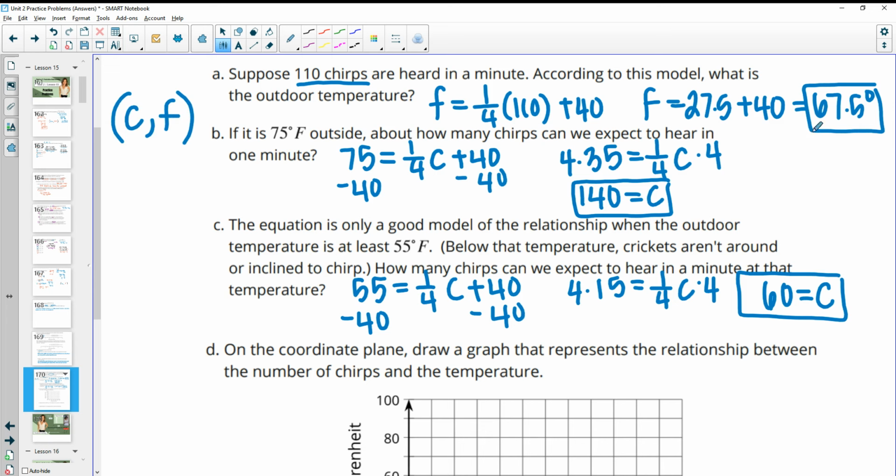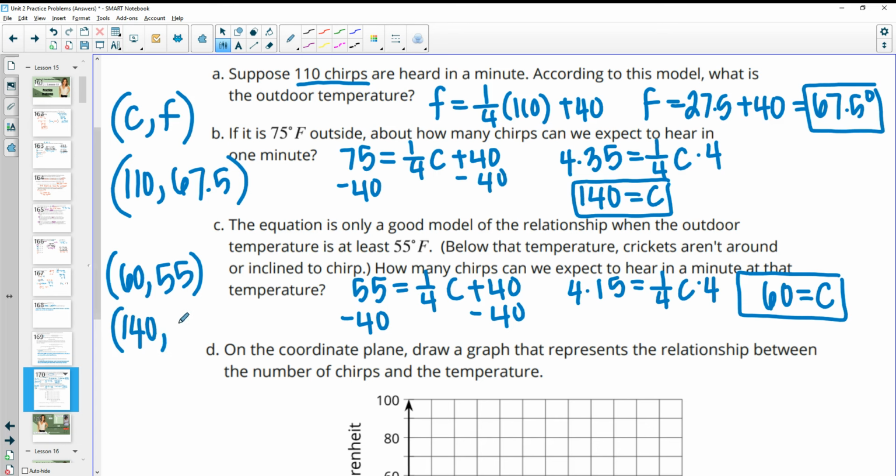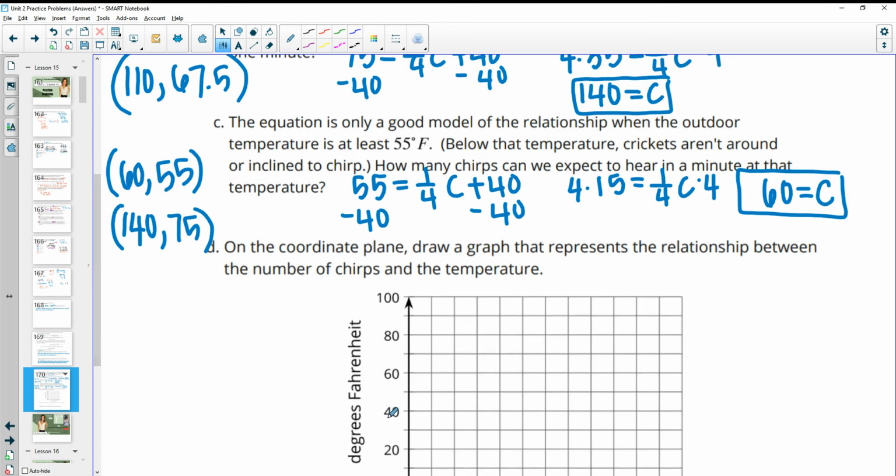So from part A, our chirps were 110, so we had the point 110, which gave us back 67.5. So there's an ordered pair for our graph. Part C gave us 60 chirps for 55 degrees. And then part B, which I missed here, gave us 140 chirps for 75 degrees. So we could plot those points here.